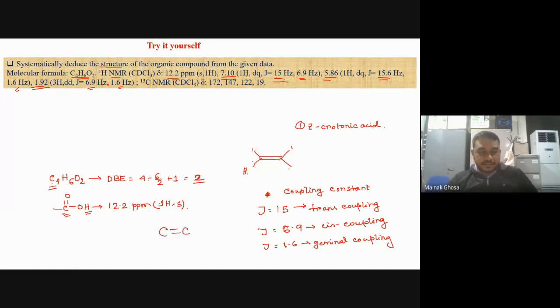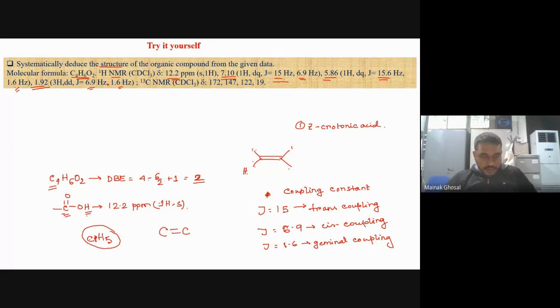Now we are left with one carbon. We have used two oxygens and one hydrogen, so we are left with CH5 kind of thing. I am just solving it backward, going one by one, and then we will be able to guess what kind of compound it is.